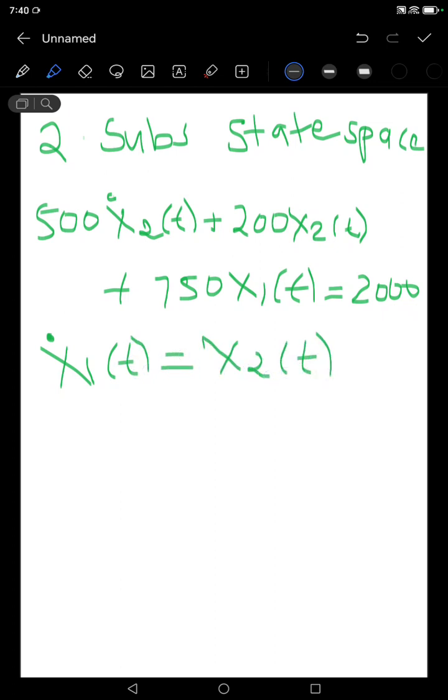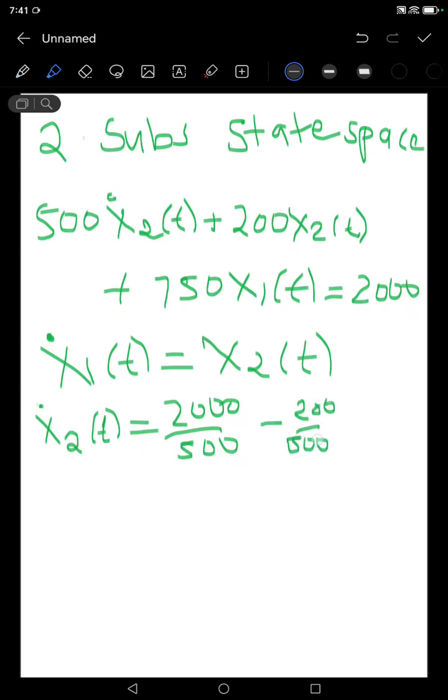And now we're going to make x2 dot separate the formula. So x2 dot of t equals, and we take everything on our left hand side to the other side. So it's going to be 2000 divided by 500 minus 200 over 500 x2, and then minus 750 over 500 x1.